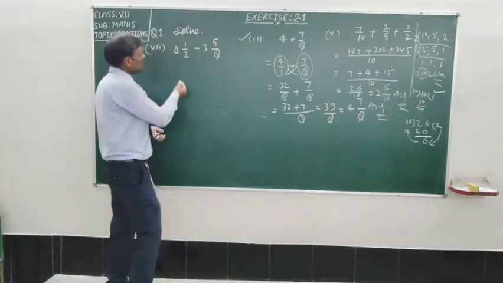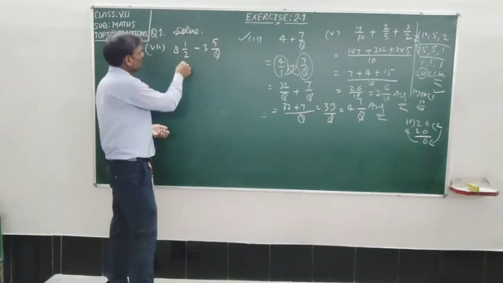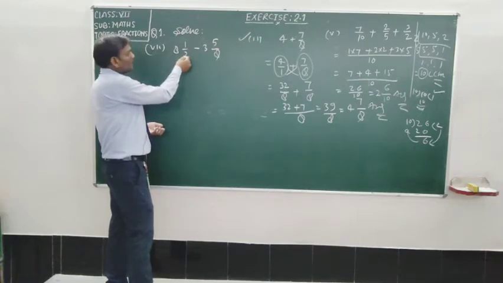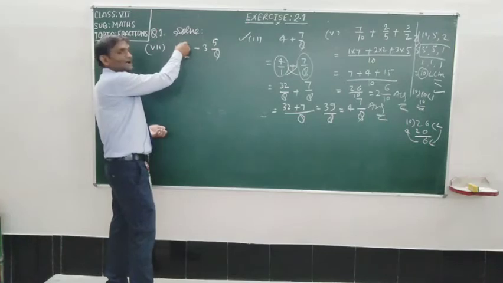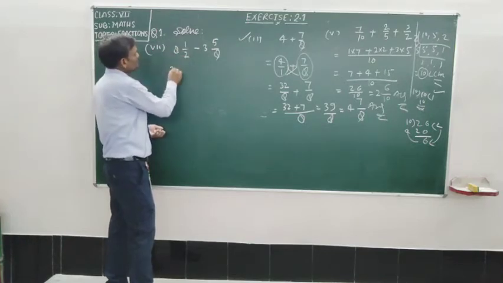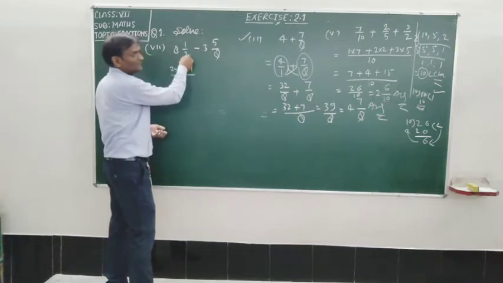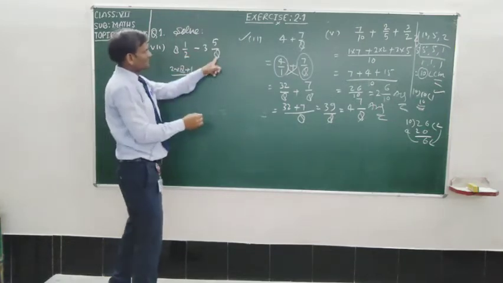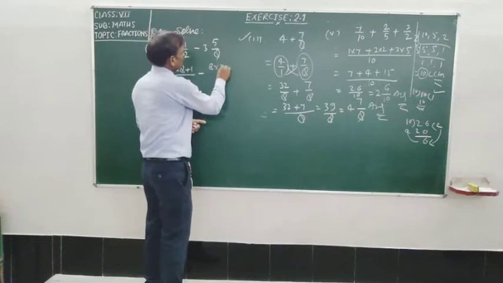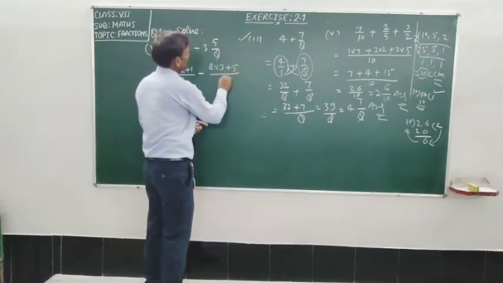It's okay, student. How can we make it? You know very well. By the denominator we multiply the whole number and we add the numerator. 2 into 8 plus 1 upon the denominator, student, minus 8 into 3 plus 5 upon 8.